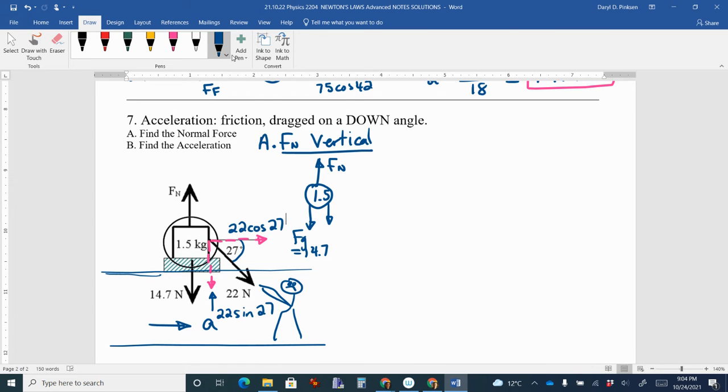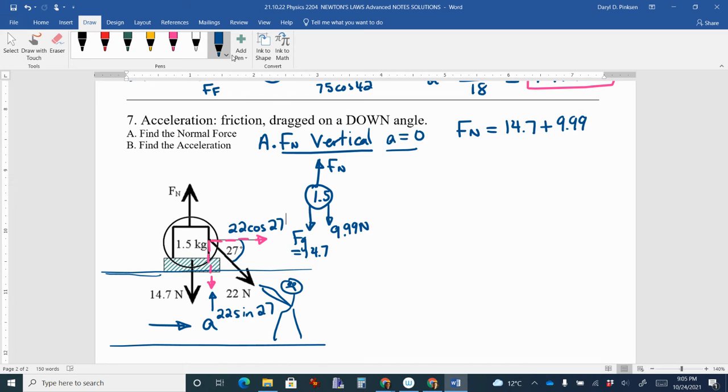And I get 9.99. So this is 9.99 newtons. There is no acceleration in the vertical direction, which means that the Fn is equal to the weight, 14.7, plus 9.99 newtons.